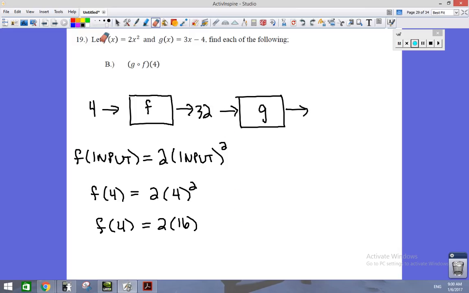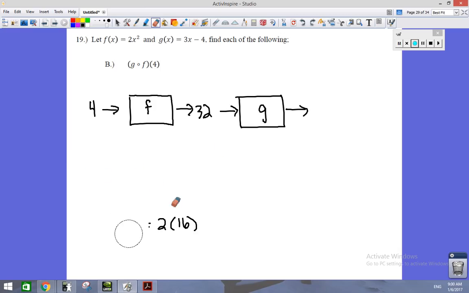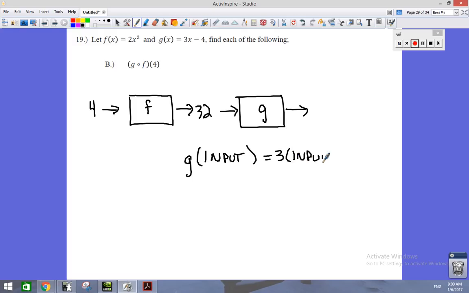Now, that becomes the input for g. Well, what does g do to the input? G always creates a subtraction problem. No matter how complicated or simple the input is, the first term is 3 times that input, and then the second term is always just minus 4.